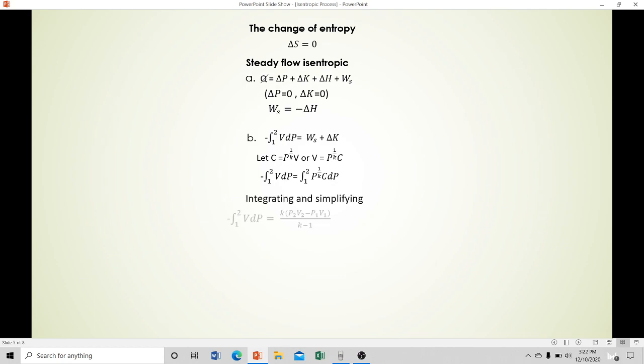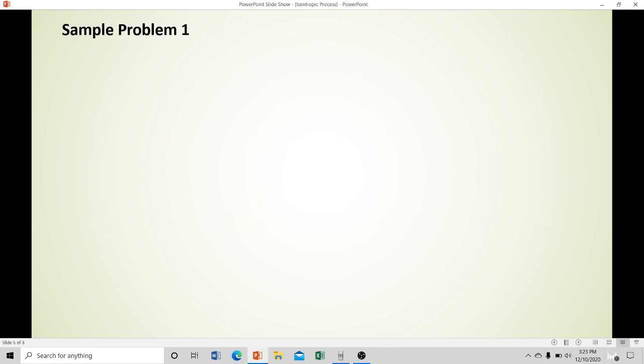Integrating and simplifying, we come up with this equation: K times P2 V2 minus P1 V1 over K minus 1. Or we can simply say that the steady flow work is equivalent to K times the non-flow work, or K times the integration of PdV.